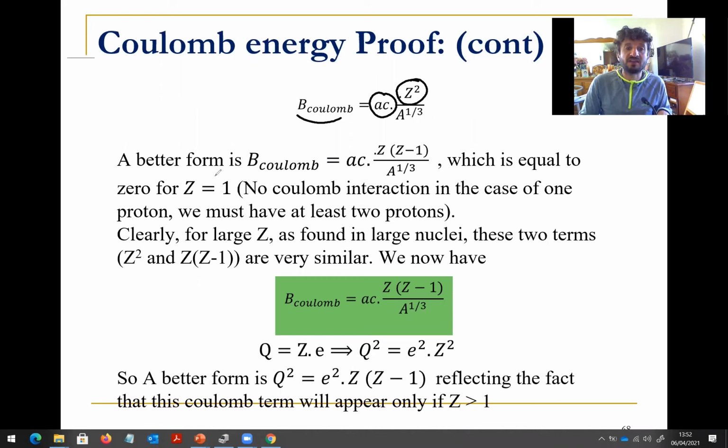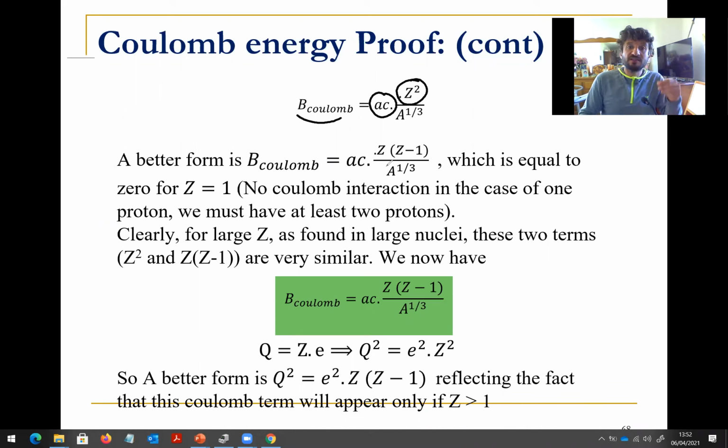We can write it AC times Z times (Z minus 1) divided by A power 1 over 3. Nothing will change if we have a big value of protons inside the nucleus. Z times (Z minus 1) is approximately Z squared.